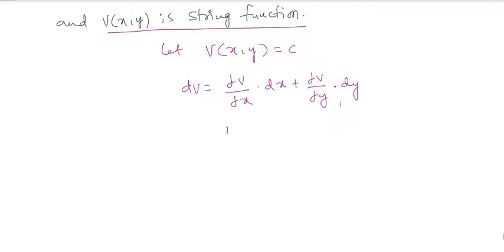From CR equations, they have given what? U. So from CR equations, you can replace that dv is equal to what? ∂v/∂x is nothing but what? ∂u/∂y into dx. Somewhere we are making a mistake here. ∂v/∂x is what?